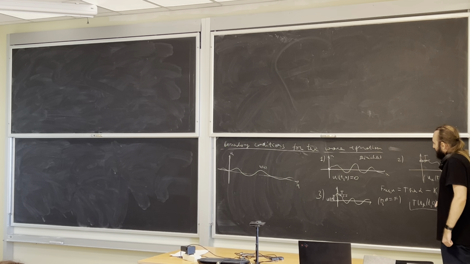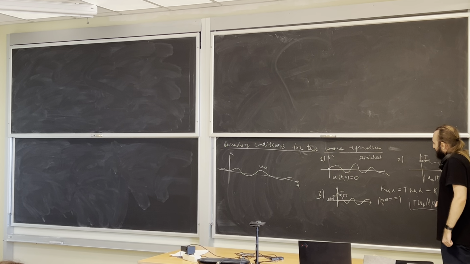So now the question is how to solve such problems. First, let us formulate it. Since now this string lives on the right half axis, this equation should be defined only on R plus.